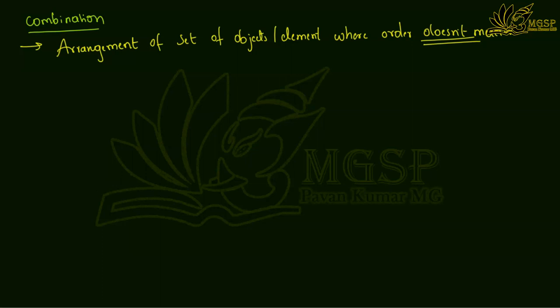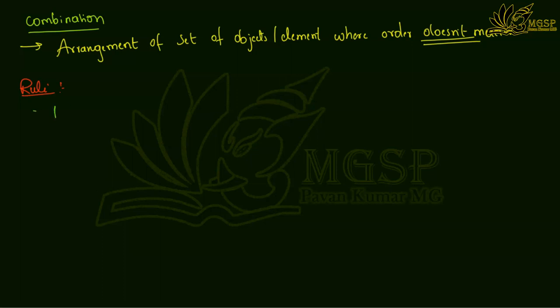Here also there is a rule. In the case of permutation we considered the number of arrangements; here we take the number of combinations. The number of combinations of n distinct objects taken r at a time, where repetition is allowed, meaning repetition of the same letter or element is allowed. So in that case, what does the formula become?